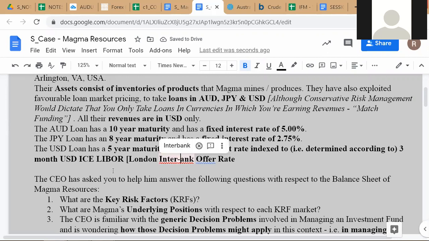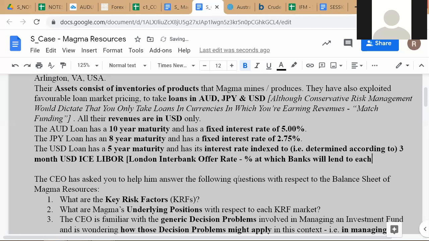What this means, I'm just going to use a shorthand, if this is for interest rate, I'm using this rate symbol, okay, at which banks will lend to each other. So banks are not lending to Nikita or to Airtel. Banks are lending to each other, that is to other banks. So it's a wholesale lending rate, and this is an indicative rate.